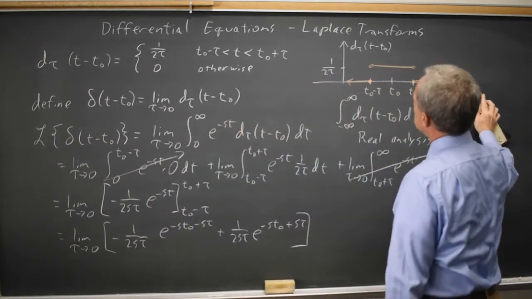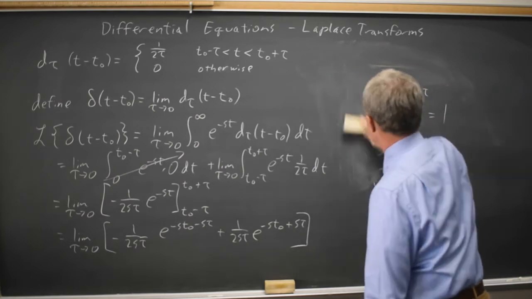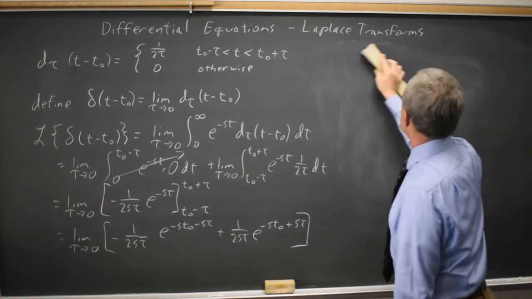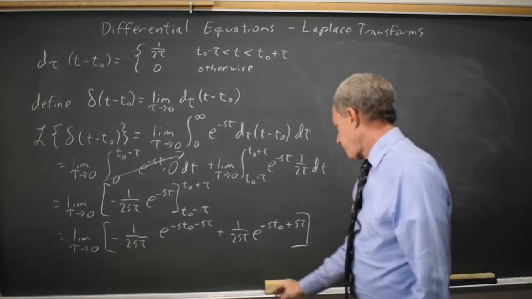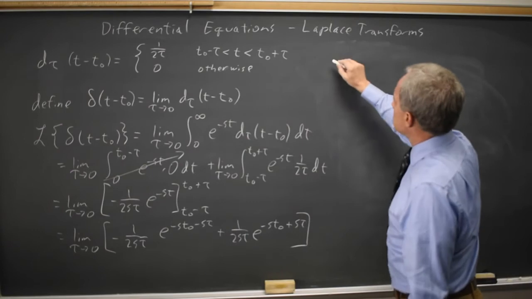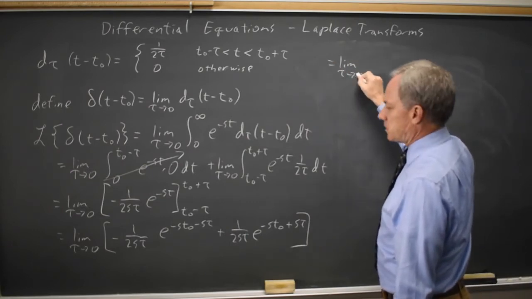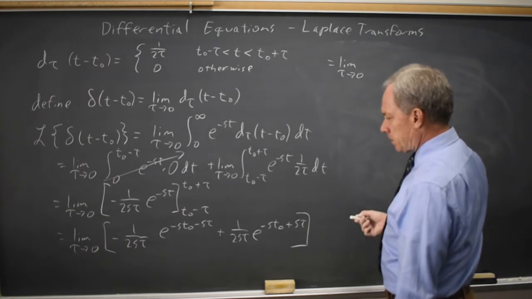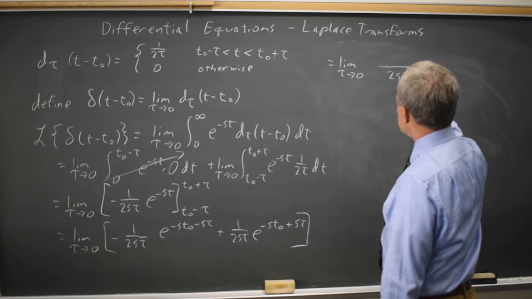I'm going to erase this since we've seen where this is coming from. And this equals the limit as tau goes to 0. My denominator is 2s tau.